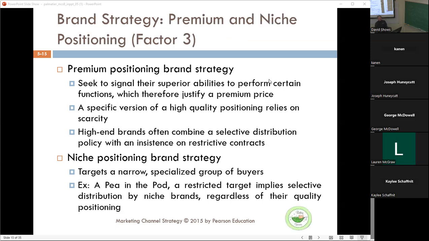The next goes back to premium positioning, all right? And this is also exclusivity, so I'm kind of rounding the loop here. Consumers or manufacturers want to signal the superior abilities and the special functions of their particular goods, which justify a premium price.